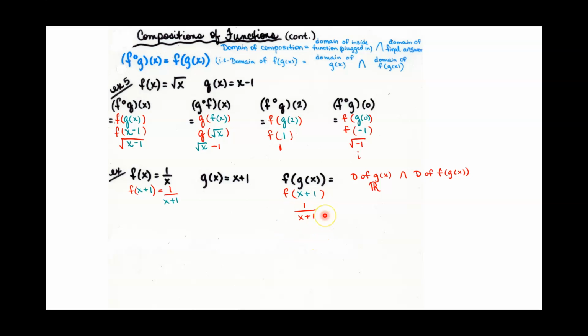Looking at this, my denominator cannot be equal to 0. So -1 would give me 0 in the denominator, so I'll have to exclude it. That's the only thing I have to exclude, so all real numbers except for -1. So if this one exists everywhere and this one exists everywhere except for -1, then they're going to intersect everywhere except for -1. And so the domain of the composition would be all real numbers except for -1.